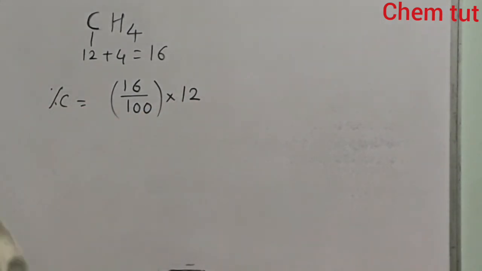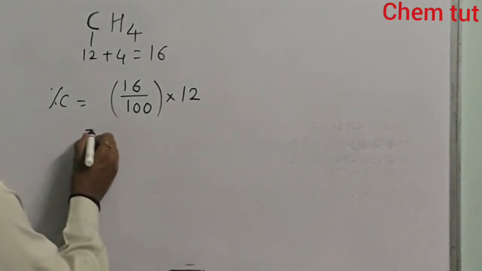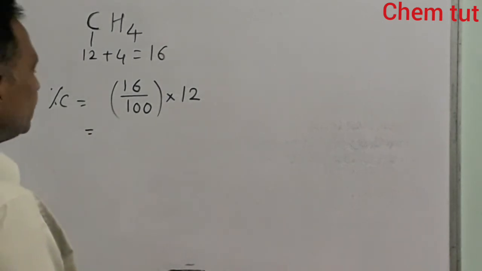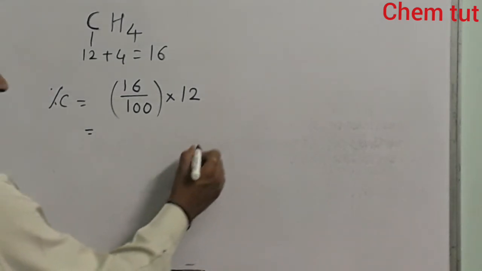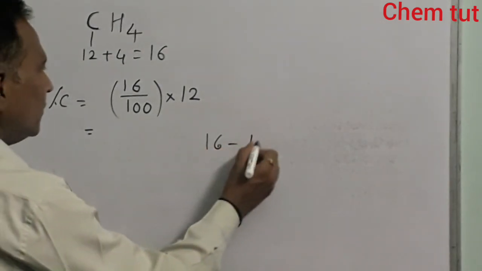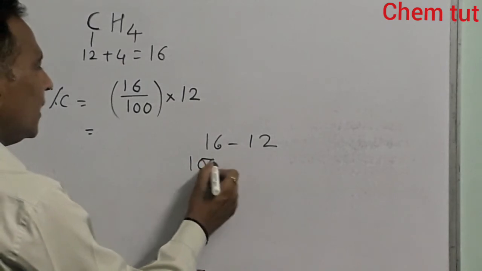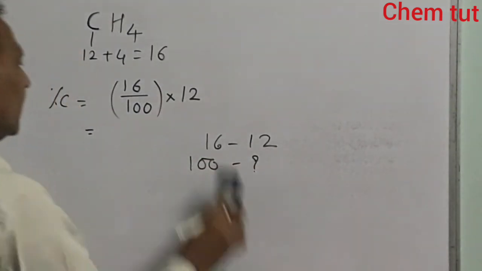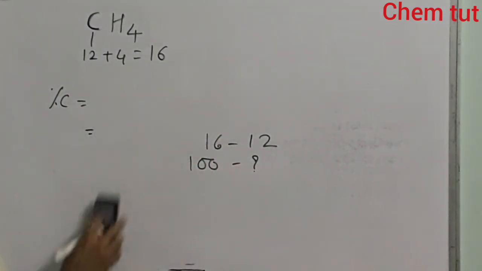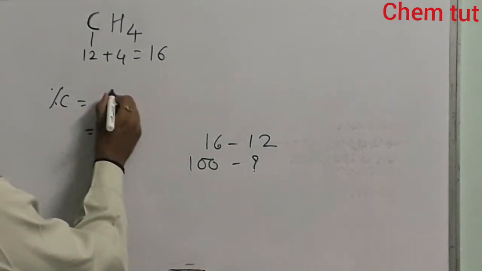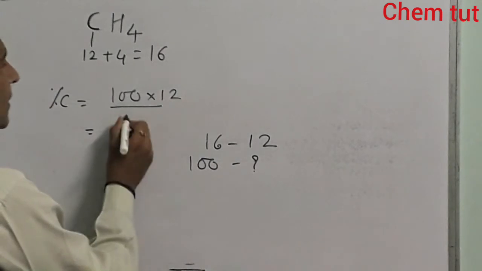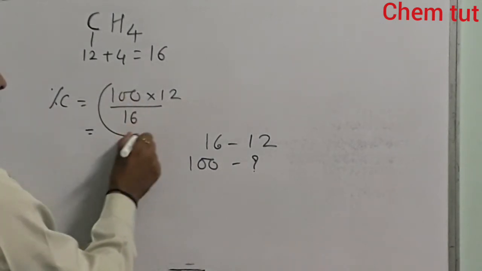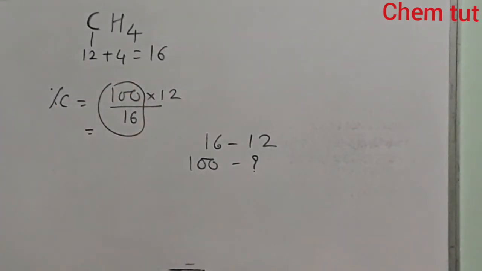If you calculate this, in 16 parts, 12 parts are there. So in 100 parts, how many parts? So the common factor will be 100 multiplied by 12 divided by 16. So this will be the common factor to calculate the percentage composition.